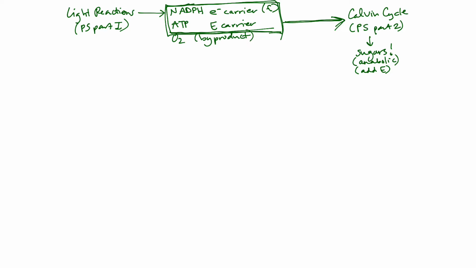The Calvin cycle starts when we add the gas, carbon dioxide, to a precursor molecule called RuBP. And RuBP has phosphates on both ends here. RuBP is a 5-carbon molecule.